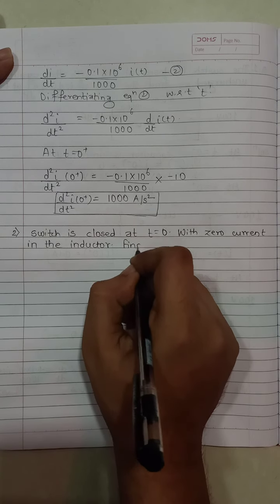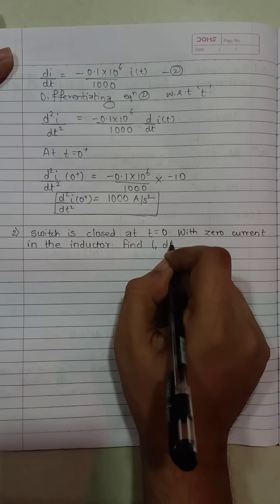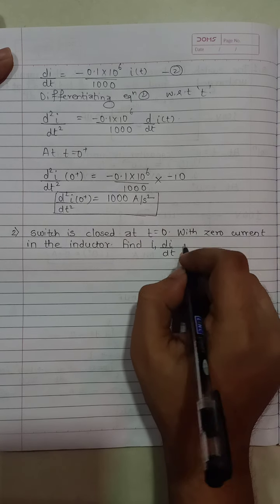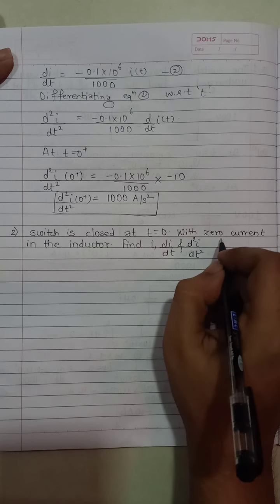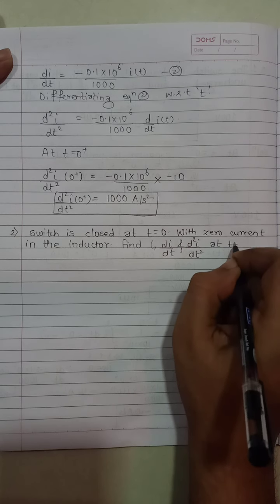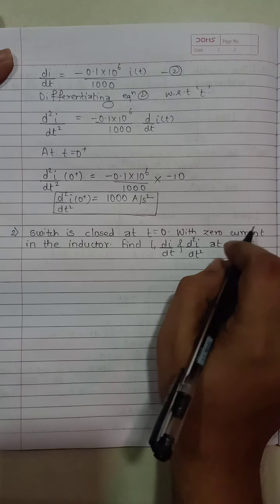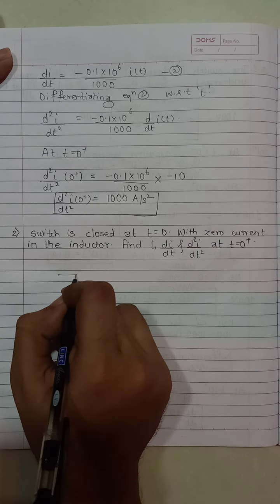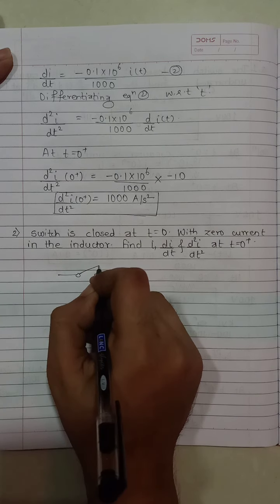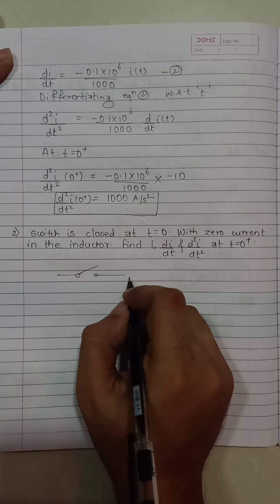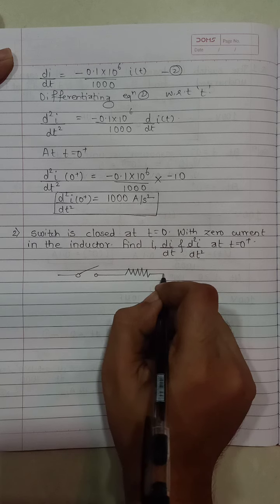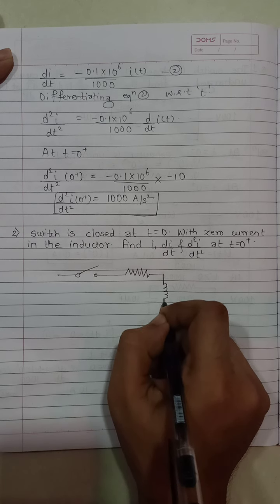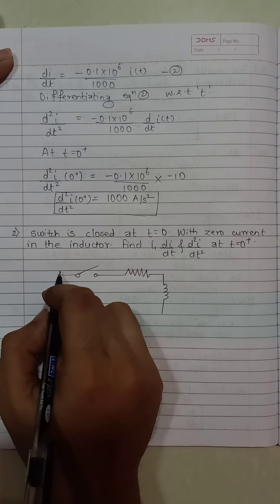Find i, di by dt, and d square i by dt square at t equals 0 plus. The diagram given is similar to the previous one. Instead of the capacitor you have the inductor, and the initial current through the inductor is given to be 0.